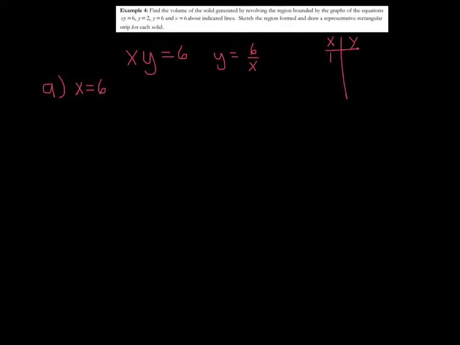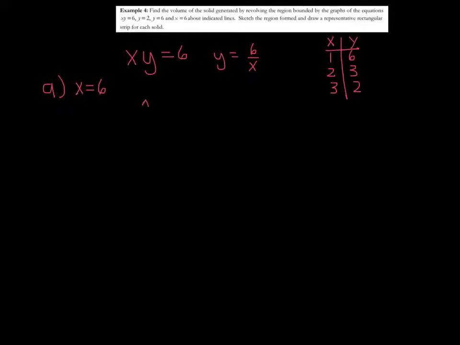So we'll plug in 1. When we plug in 1 for x, we get 6 for y. Plug in 2 for x, we get 3 for y. Plug in 3 for x, we get 2. So at least we can plot points. Don't forget, if you don't remember the shape of something, you can always plot points. So we're going to come back to that in just a second.